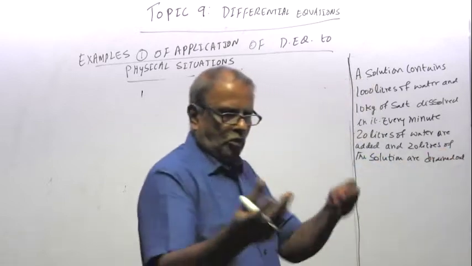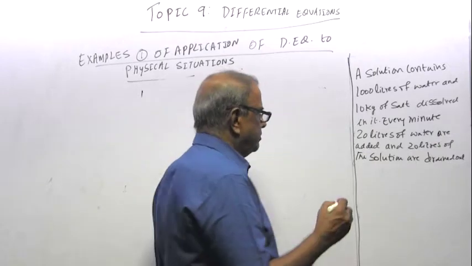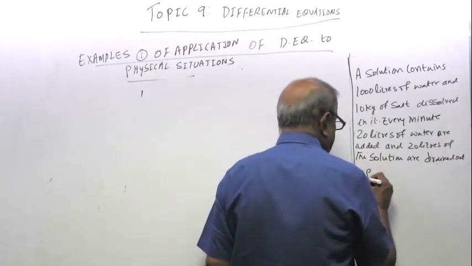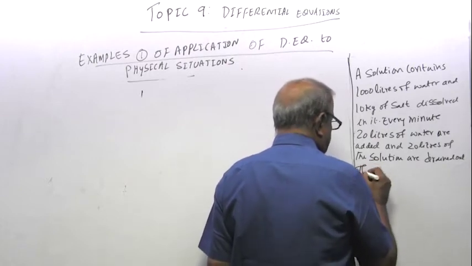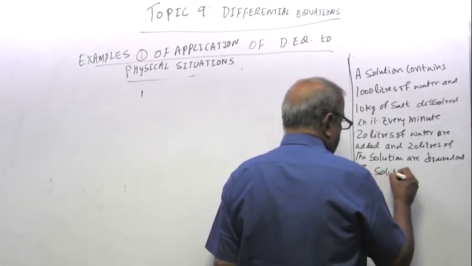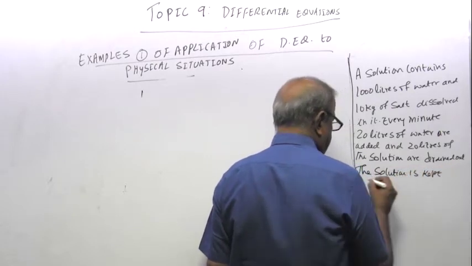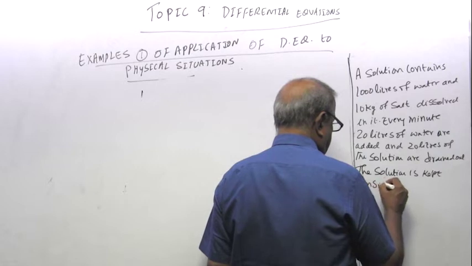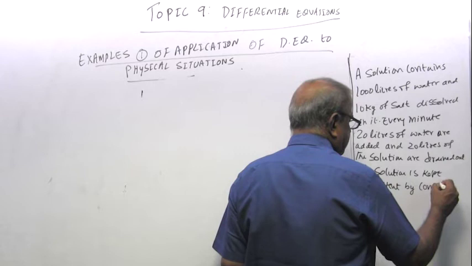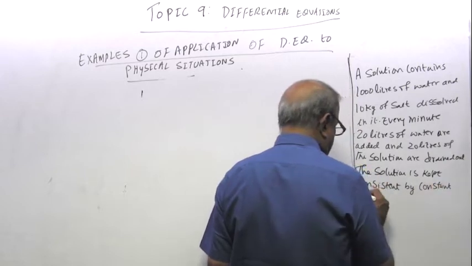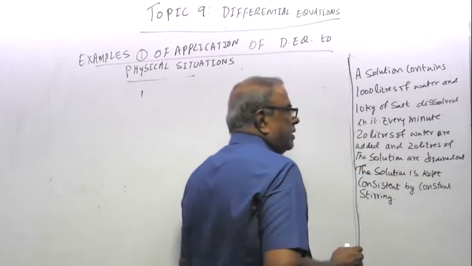That means, you pour water from the top, 20 liters, and you remove solution from the bottom. Of course, they mention the solution is kept consistent by constant stirring.